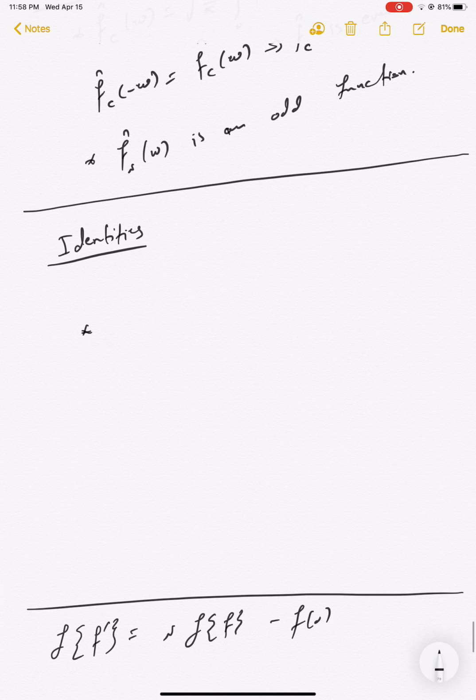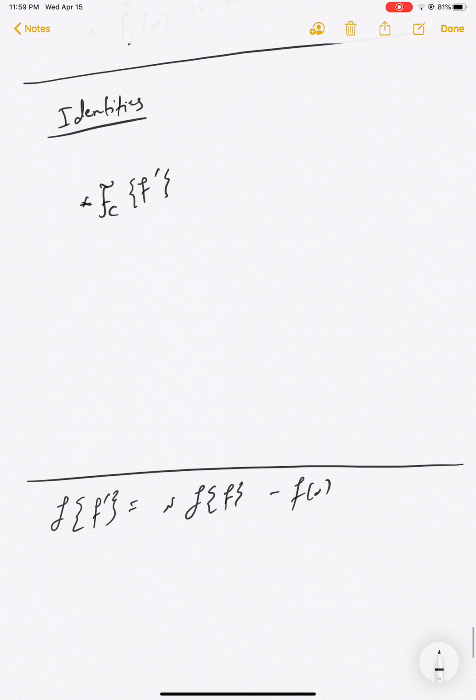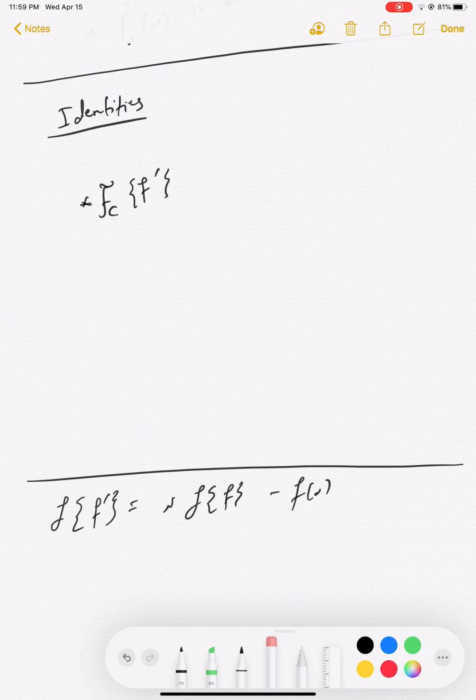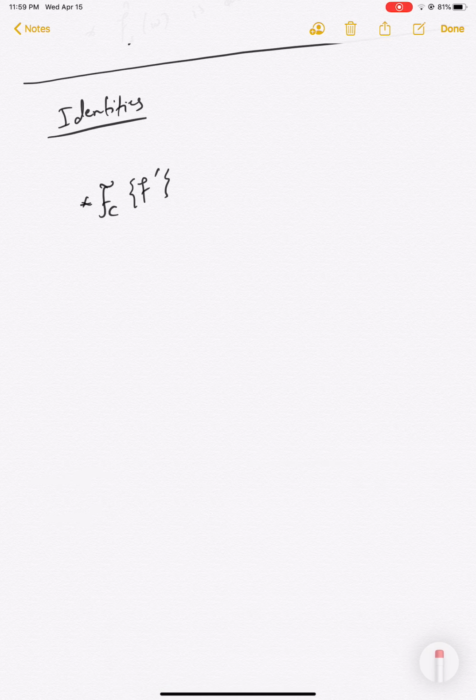If you take the derivative of the function and you try to find the Fourier cosine transform, I'm going to write it this way. If you want to find the Fourier cosine transform of the derivative, what is it? Or the Fourier sine transform of the derivative, what is it? And then how can we use these formulas?